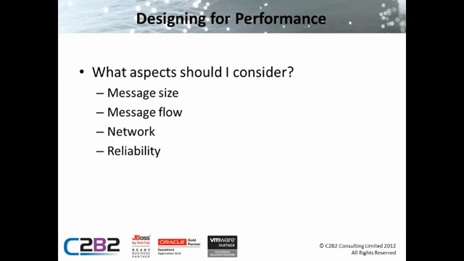Now, the speed improvement might come with a reduction in reliability, and you need to decide how important that reliability is for you and whether it's critical to your business.